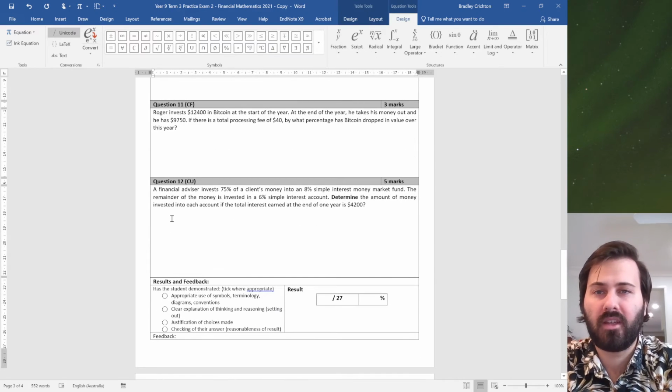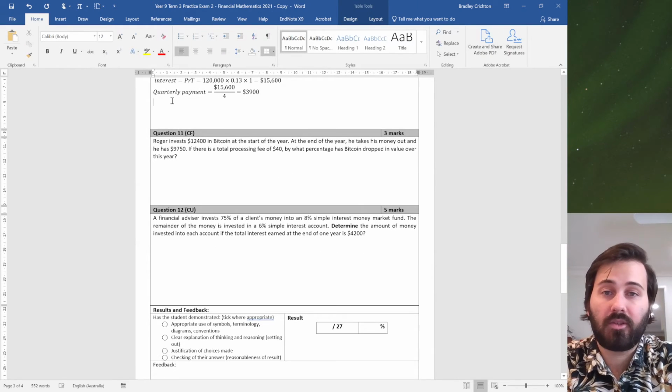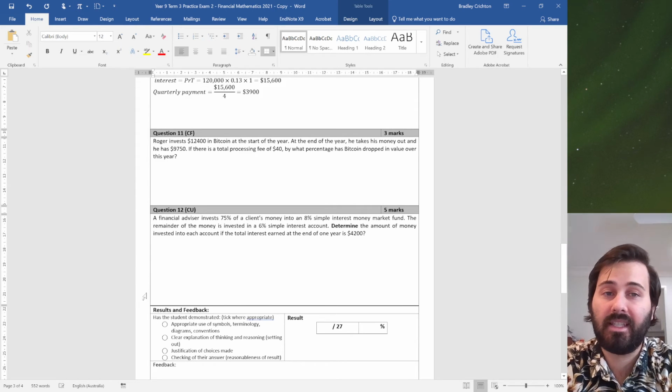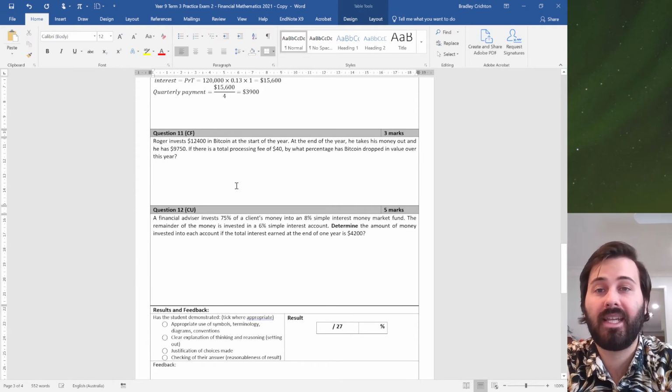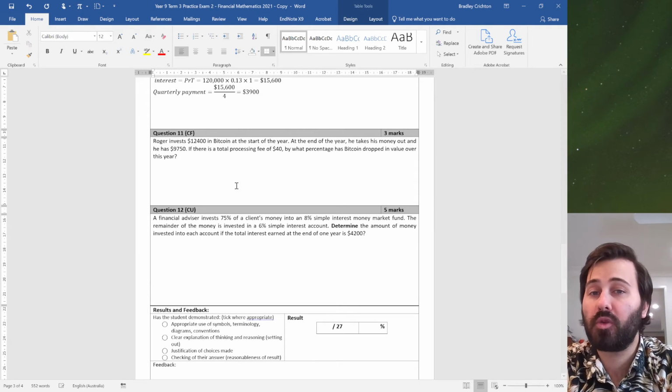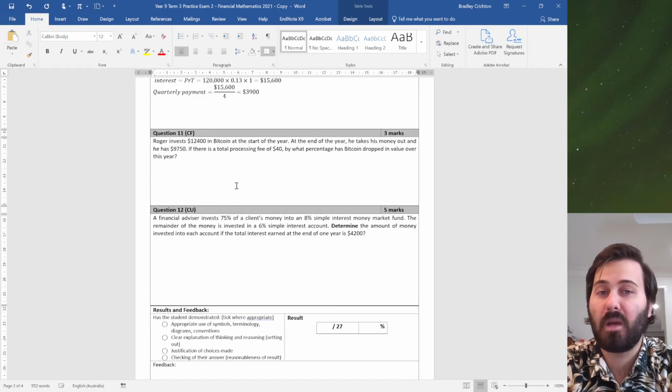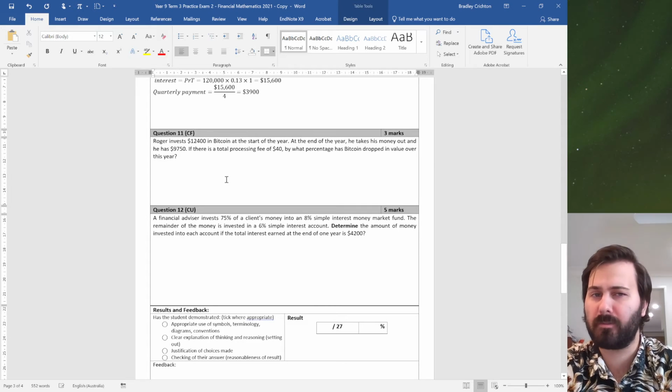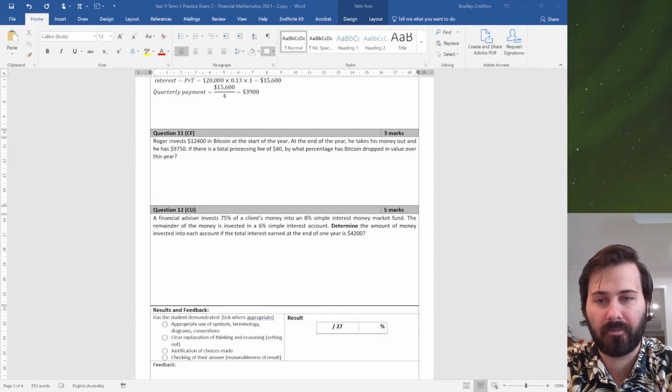Question 11. Roger invests 12,400 in Bitcoin at the start of the year. At the end of the year, he takes his money out and he has $9,750. If there is a total processing fee of $40, by what percentage has Bitcoin dropped in value over this year?